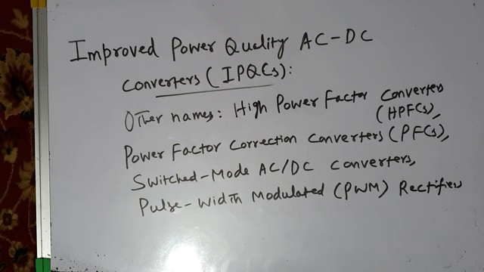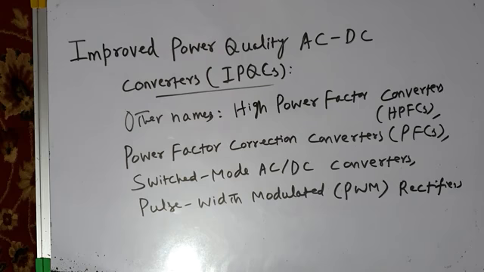On the input side, they result in almost negligible distortion in the currents. In other words, they draw almost sinusoidal currents from the source, whereas you have seen that conventional AC to DC converters, rectifiers and phase controlled converters, draw highly distorted current from the source.